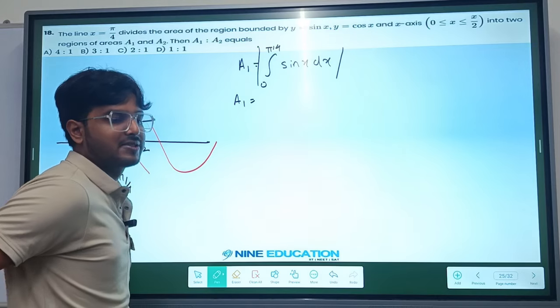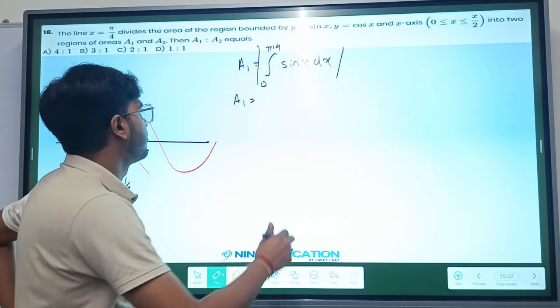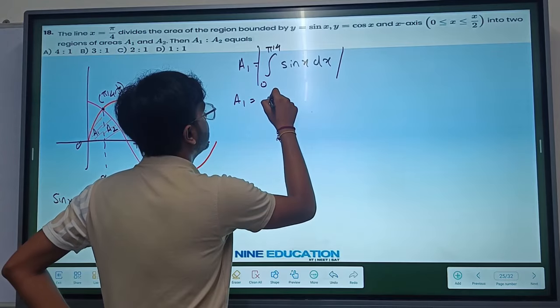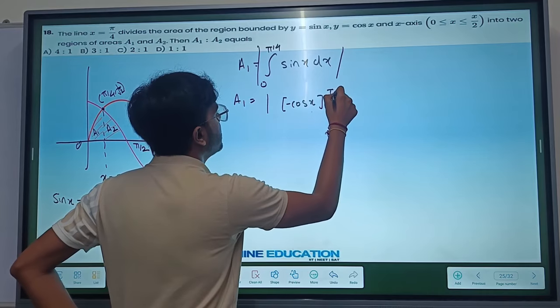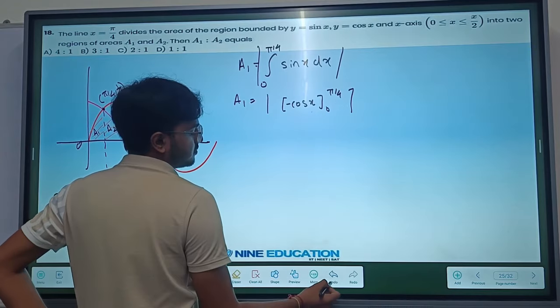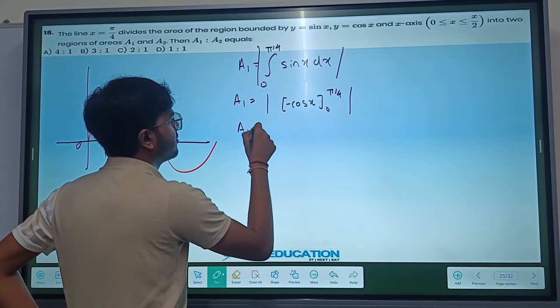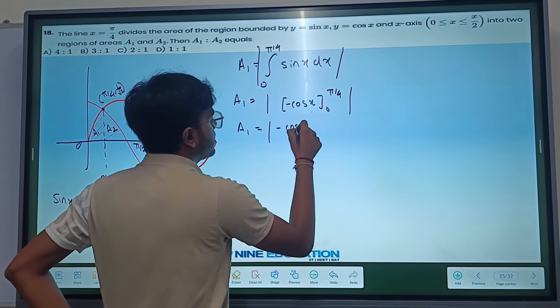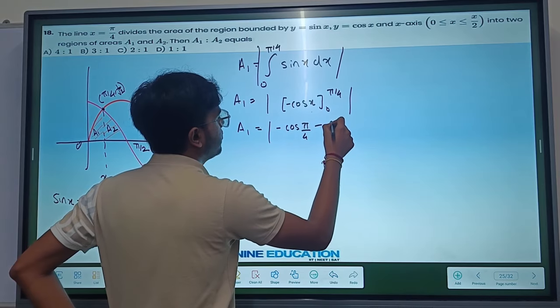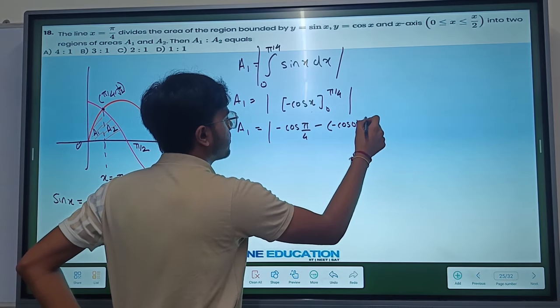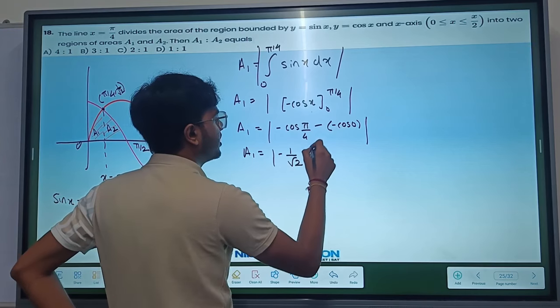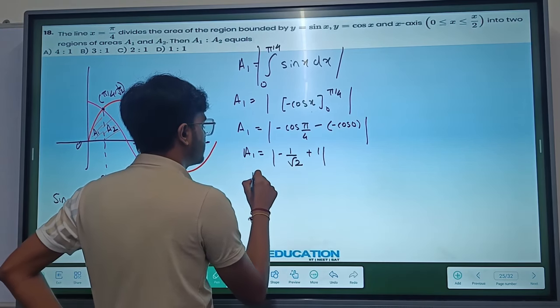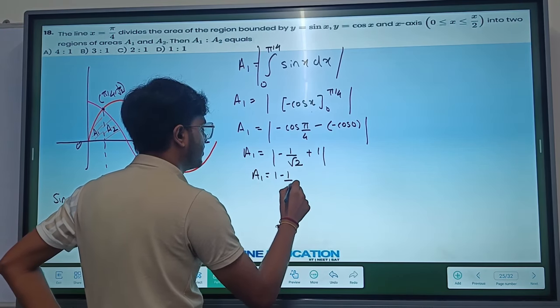Integration of sine is minus cos x from 0 to pi by 4 with a mod. So A1 would be minus cos pi by 4 minus of minus cos 0. Cos pi by 4 is 1 by root 2, so minus 1 by root 2 plus 1. So area A1 is 1 minus 1 by root 2.